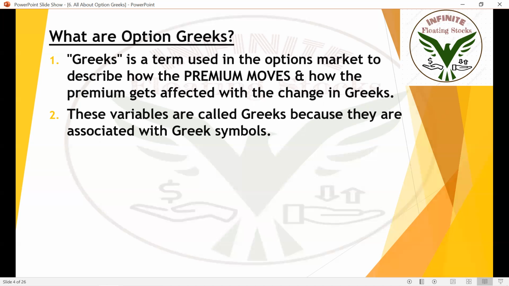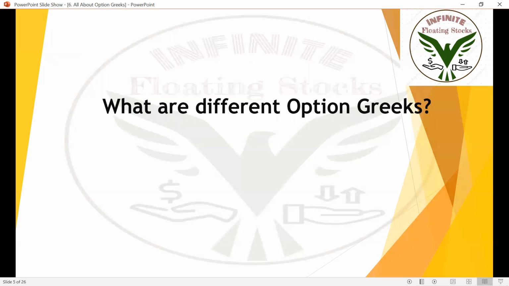These variables are called Greeks because they are associated with Greek symbols. Each Greek has a different symbol, and those symbols are related to Greek letters, so we call them option Greeks. It's that simple.